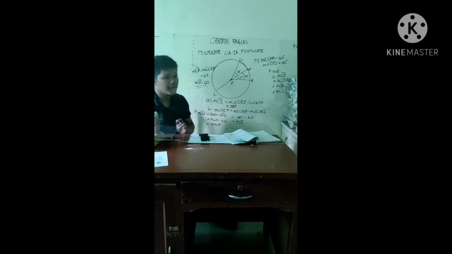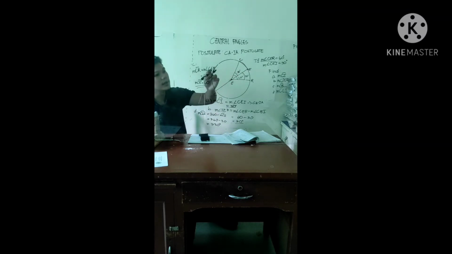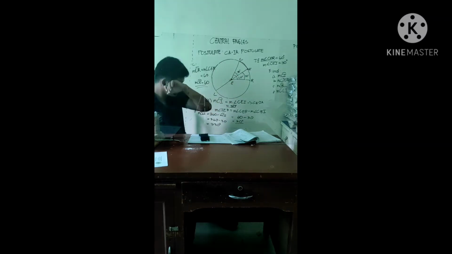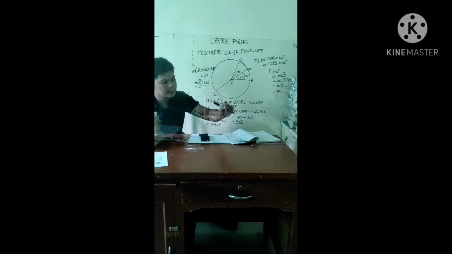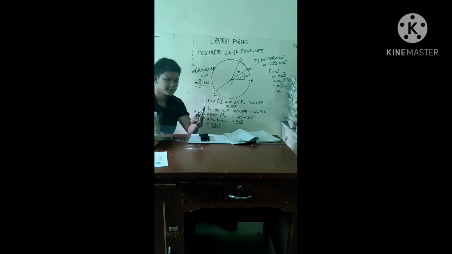So meaning, yung measurement ng iyong major arc is equal to 330 degrees. So this formula, 360 minus measure of arc CI, that is the formula for defining the degree measure of your major arc. Okay?